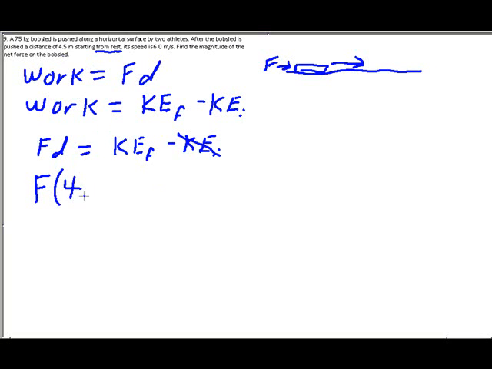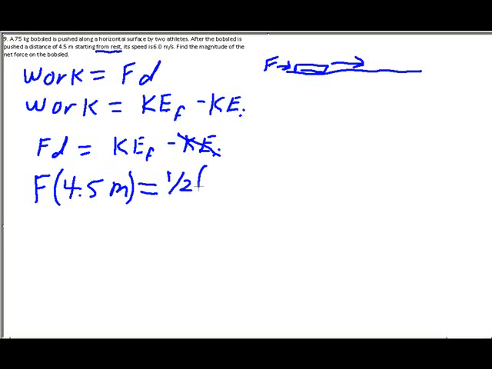So we're going to be pushing this thing 4.5 meters. Now when you apply a force over a distance, what you're putting into the system is energy. And in this case, it's showing up as kinetic energy. And so if it shows up as kinetic energy, it's 1/2 mv squared.